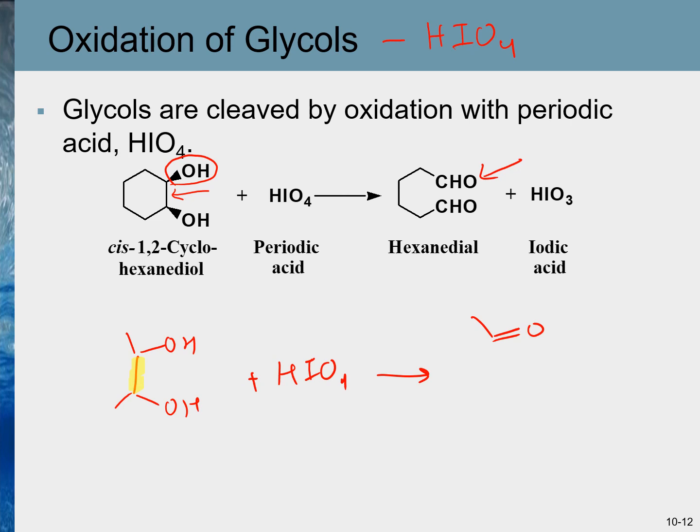And we will get two separate compounds with carbonyl groups. In this reaction, the periodic acid converts to iodic acid and water.